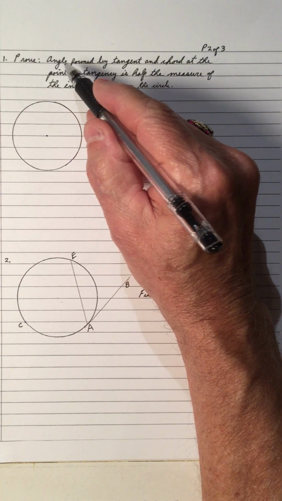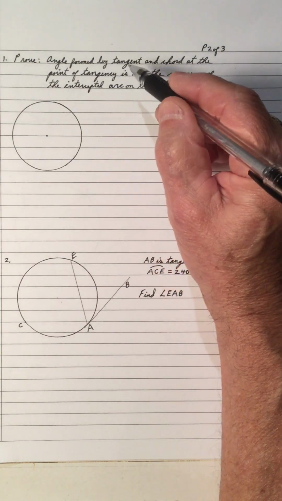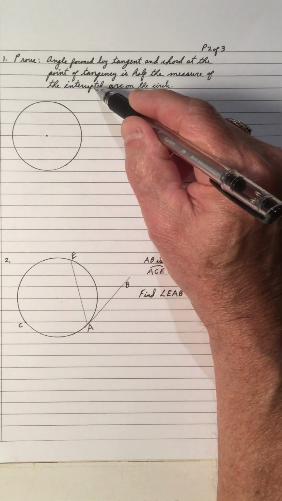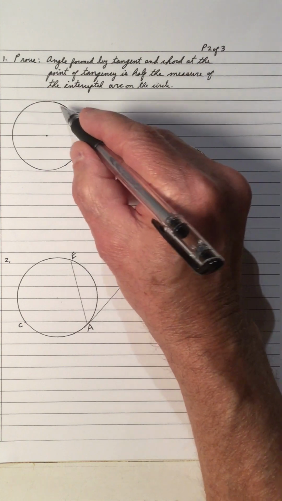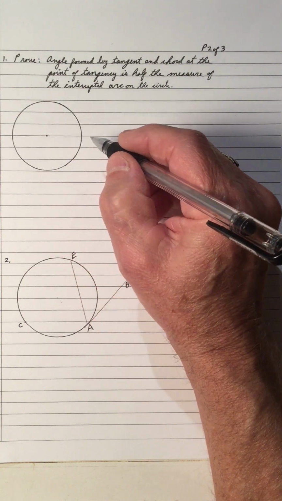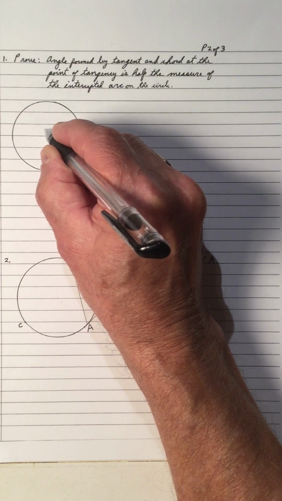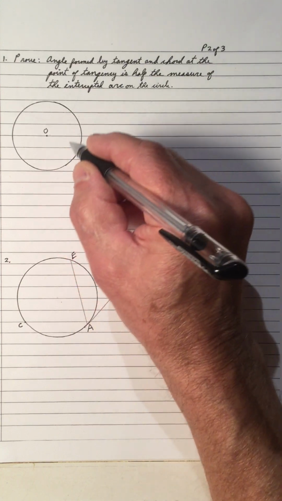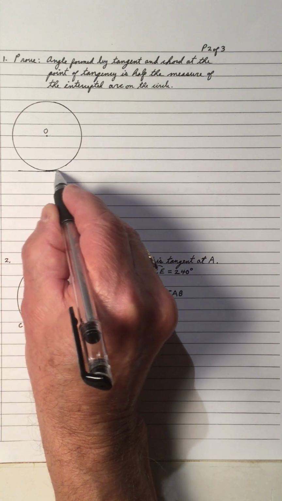Number 1, prove the angle formed by a tangent and a chord at the point of tangency is half the measure of the intercepted arc on the circle. To prove this, I have a circle drawn previous to here. We'll let O be the center of this circle, and we'll draw a tangent touching the circle at one point.